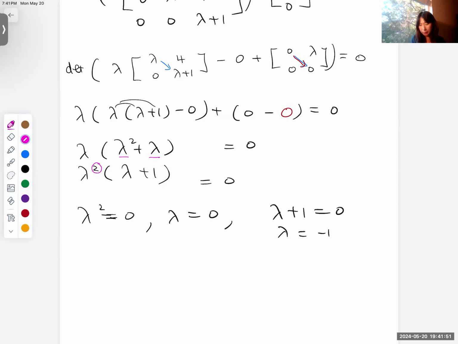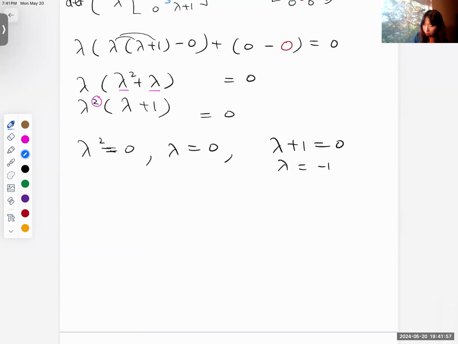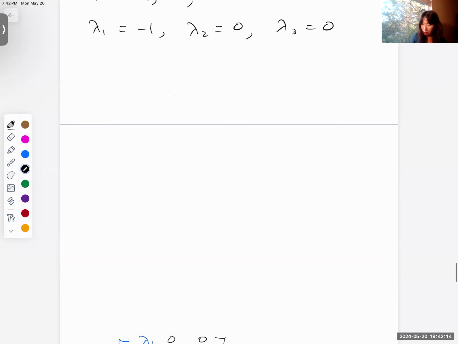Make sense? Yep. Okay, now you want to make lambda equal to -1, 0, 0. That's good. Lambda 1 equal to -1, lambda 2 equal to 0, lambda 3 equal to 0.